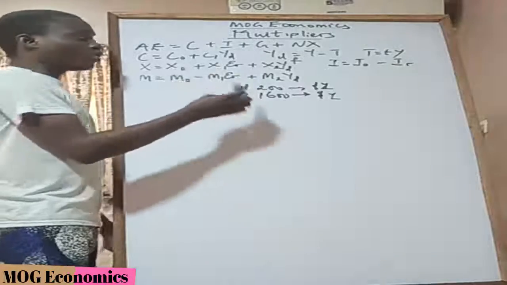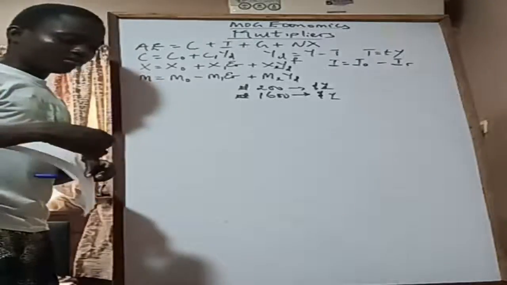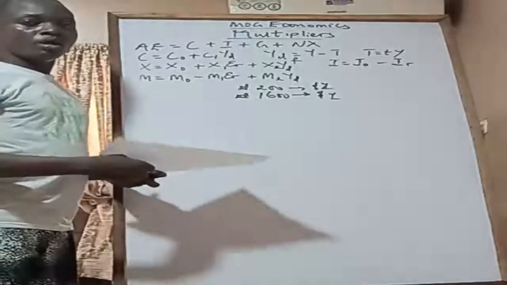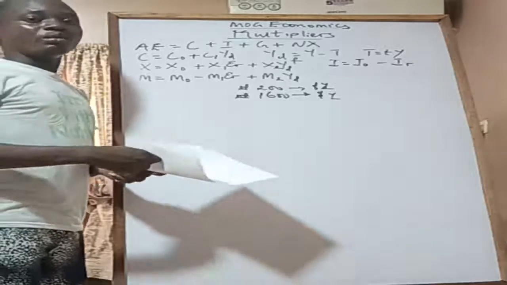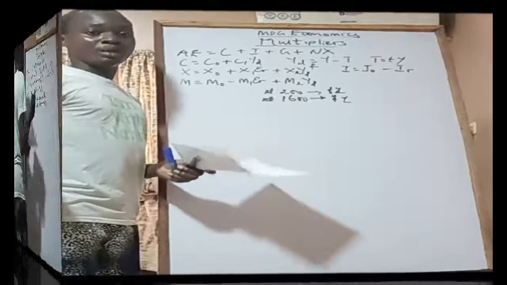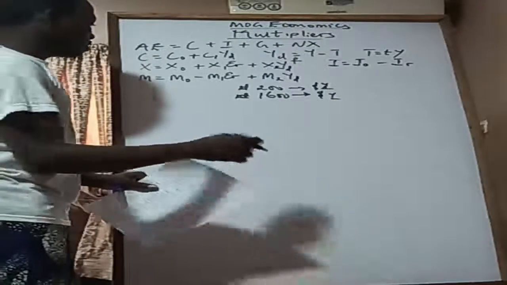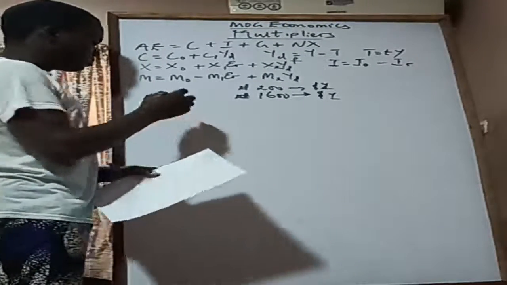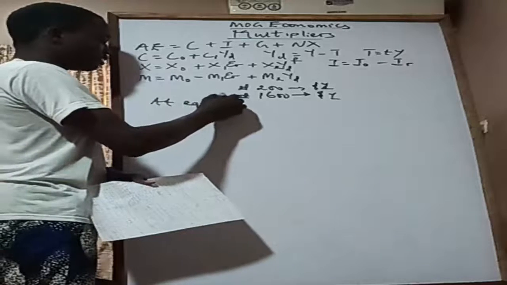Okay. So one thing is a multiplier. The multiplier simply measures the rate at which an injection into or a withdrawal from an economy affects the equilibrium income. That being said, at equilibrium, Y equals AE. It is important to state because that's the only point where your Y is equal to your AE.